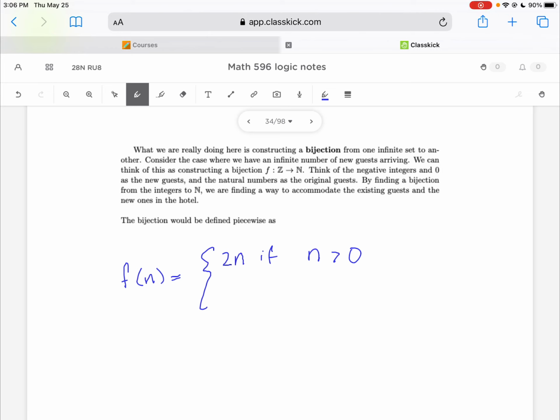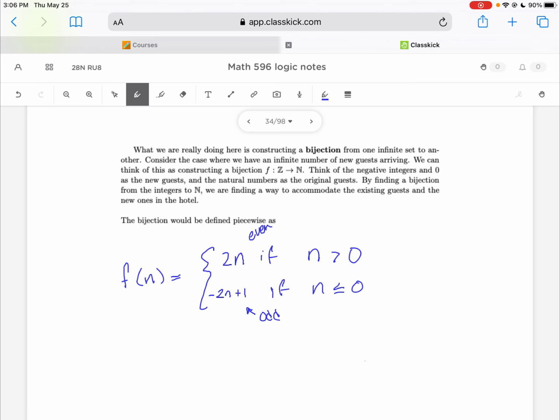And if n is less than or equal to 0, if you're one of the new guests, we're going to move you into room -2n plus 1. We can see that the existing guests are going to end up in an even-numbered room because 2n represents an even number, and the new guests are going to be in an odd-numbered room, because -2n plus 1 is going to be odd.